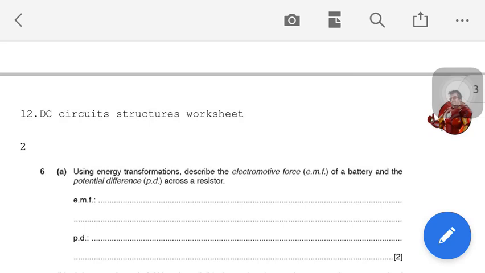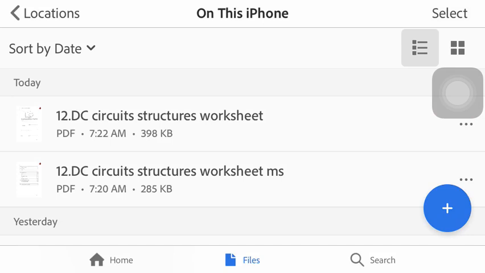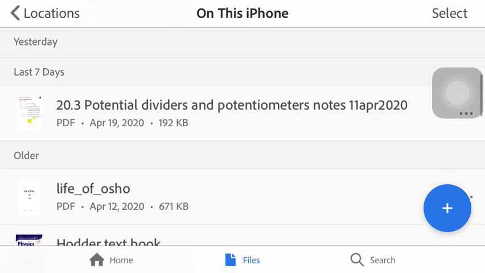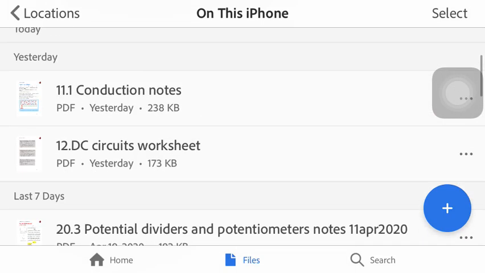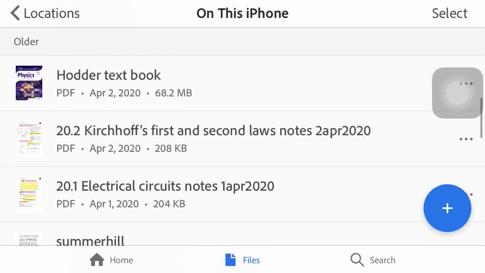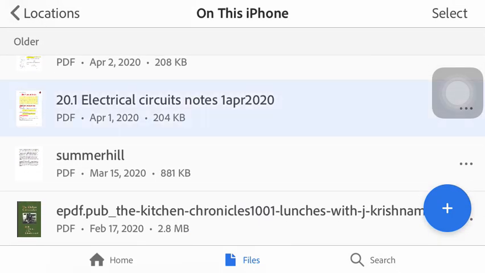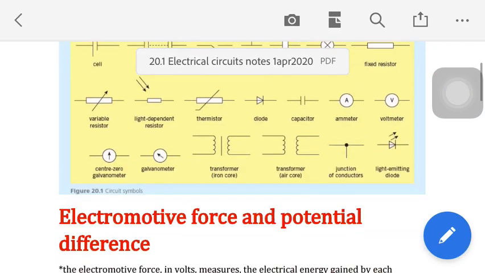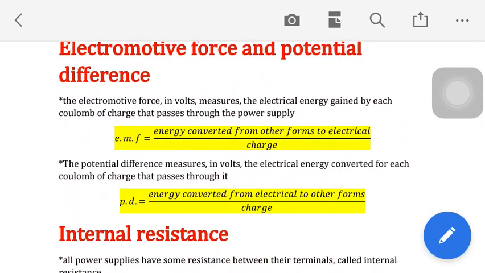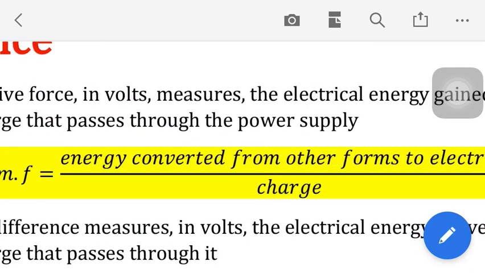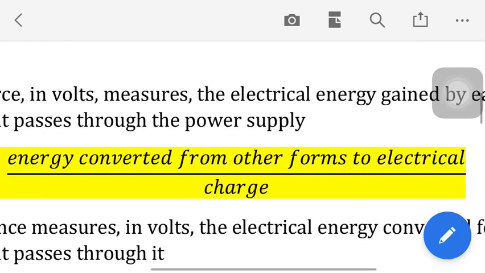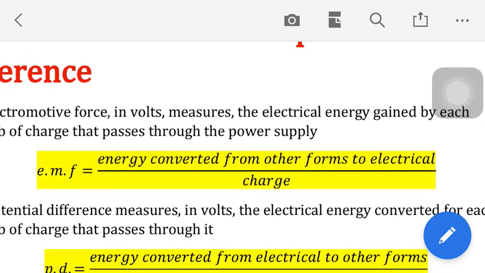Okay, now the difference between EMF and potential difference. We have learned this. There's just one small thing that you need to be careful about in answering this question. If you go through the notes, EMF is energy converted from other forms to electrical per unit charge, so chemical to electrical, that's the most common.